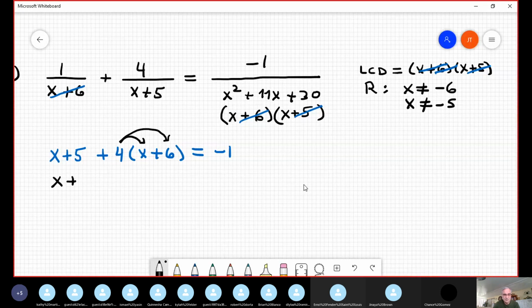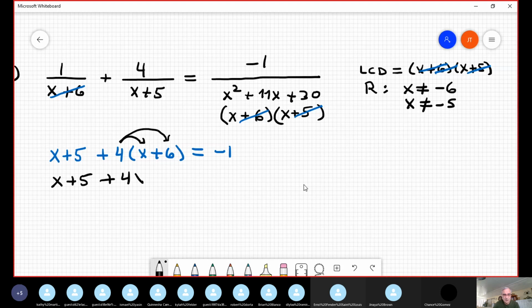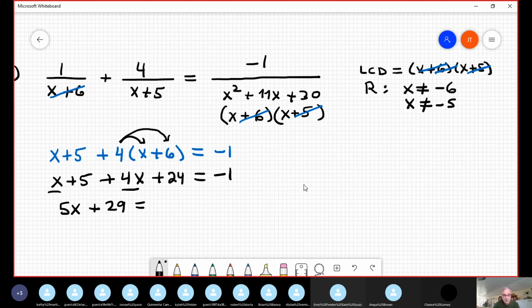x plus 5 plus 4x plus 24 equals minus 1. We combine like terms. This and this together is 5x. This and this together is 29, equals minus 1. Well, solve for x. Linear equation. Super easy. This is 5x.